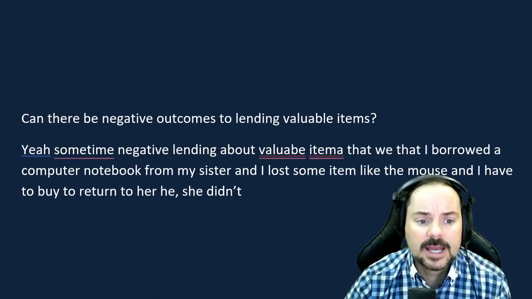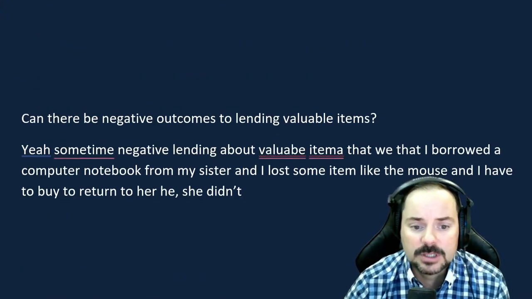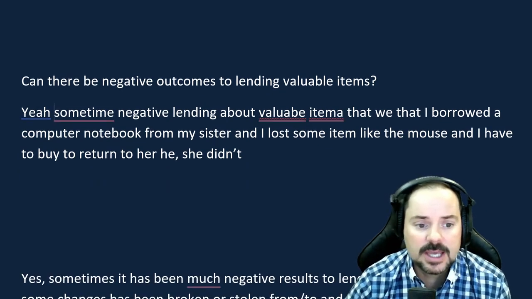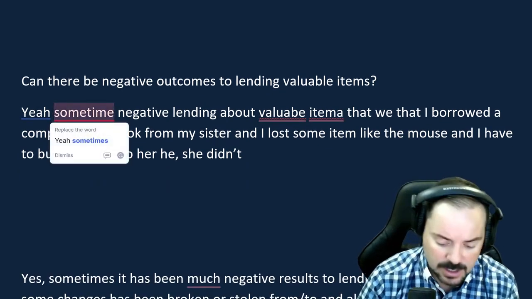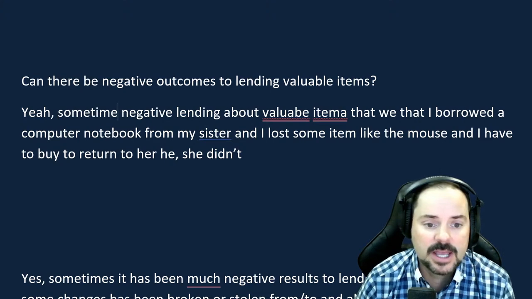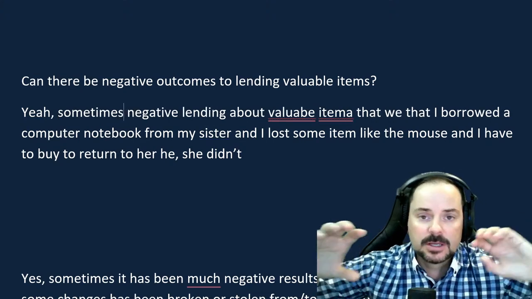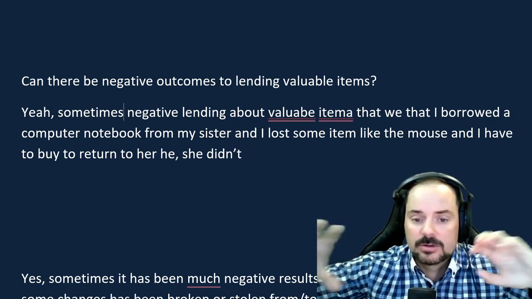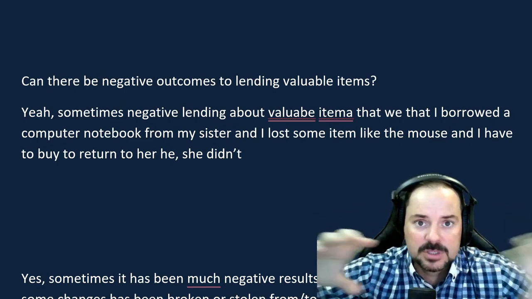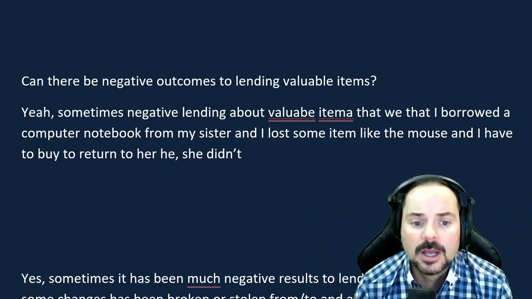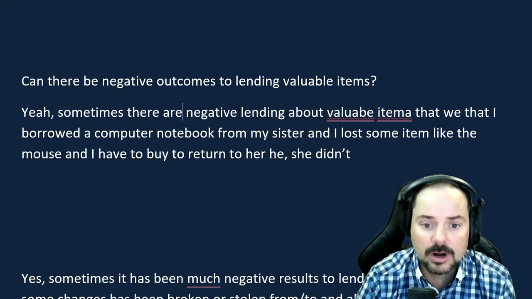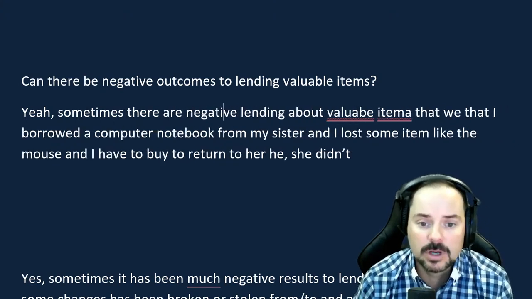So I asked you, can there be negative outcomes to lending valuable items? You said, yeah, it's sometimes negative lending about valuable items. Yeah, you have a lot of missing prepositions and articles and kind of mixed up subject, verb, objects. So yeah, sometimes there are negative outcomes.